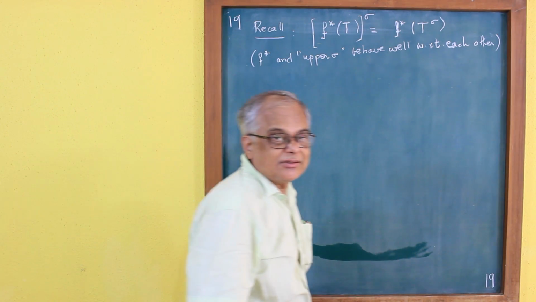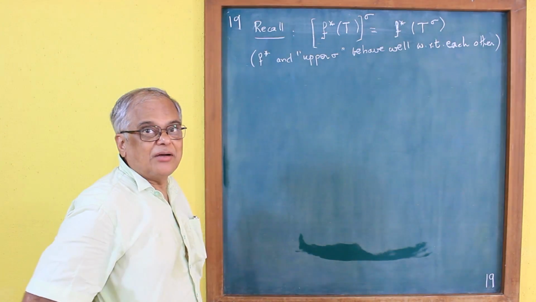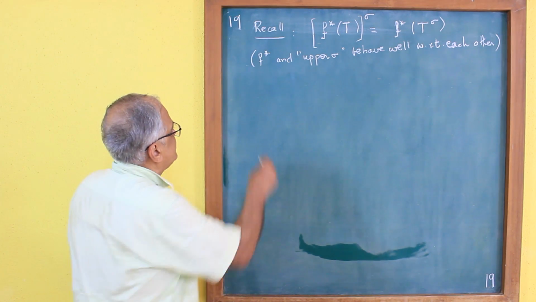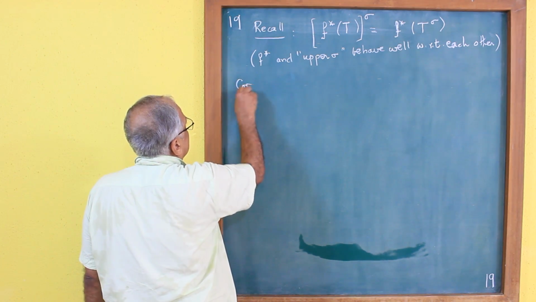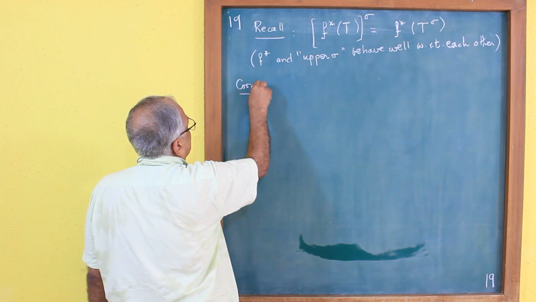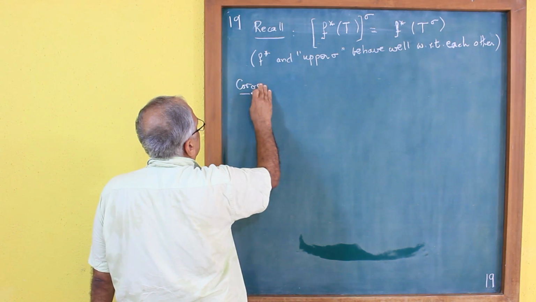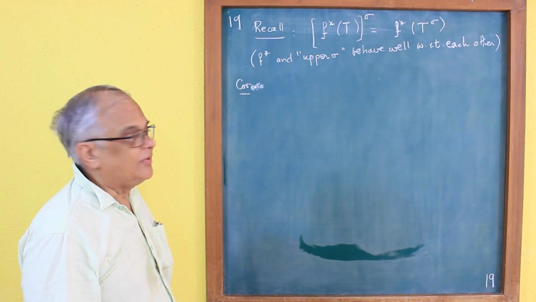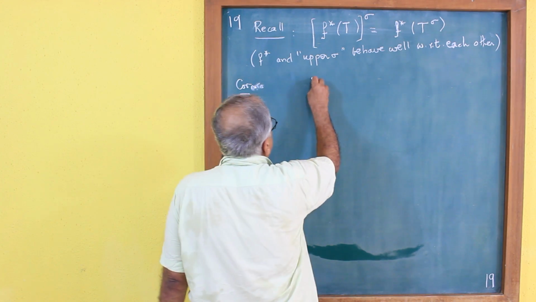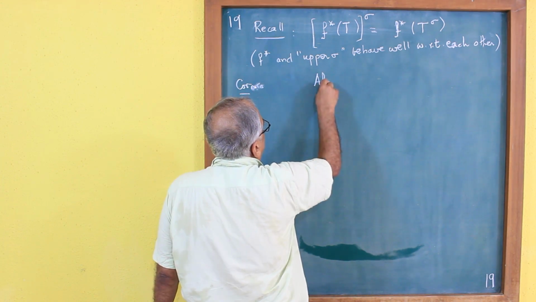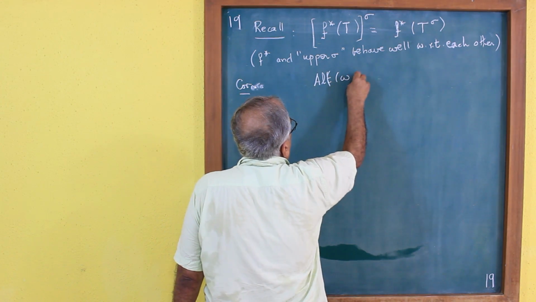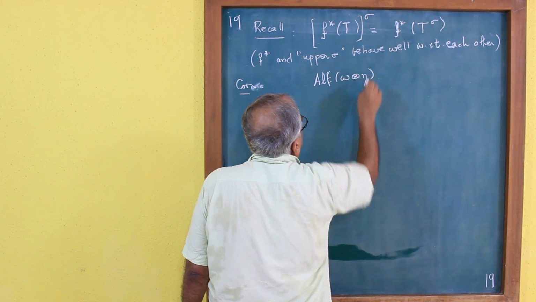F star and upper sigma behave well with respect to each other. As a consequence of this, corollary, what will we get? You see, we have this business of alt of omega tensor eta.